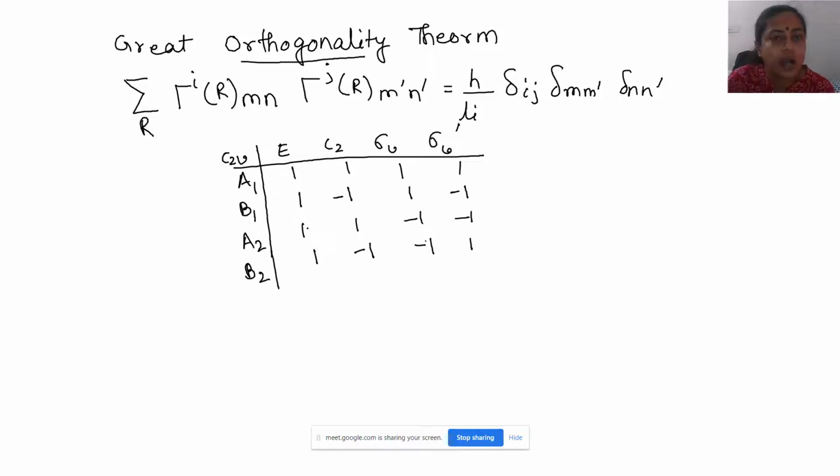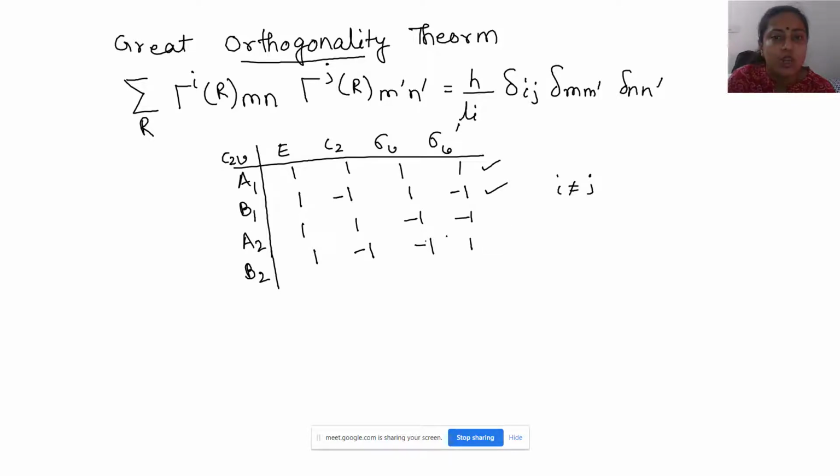All are one-dimensional in nature because under every irreducible representation, the character under E is 1. So they are all one-dimensional representations. First, let us consider this irreducible representation and this irreducible representation. So for me, i is not equal to j.